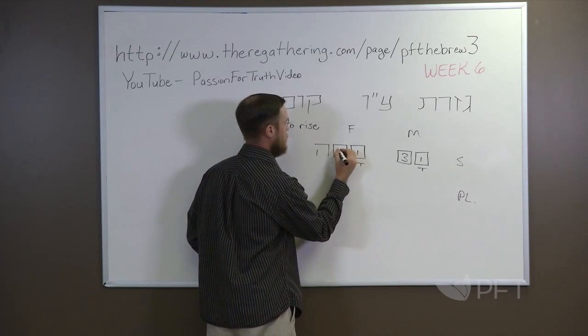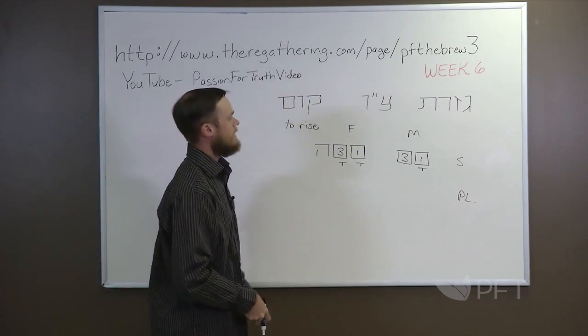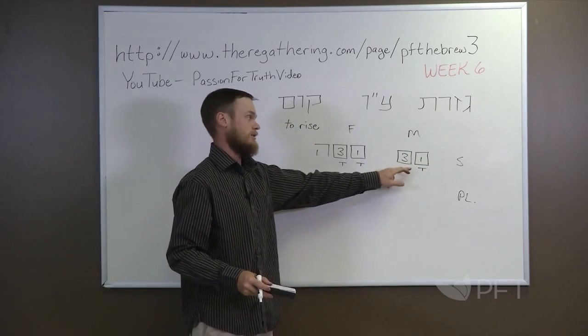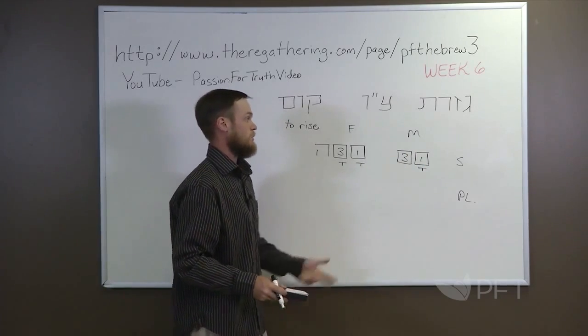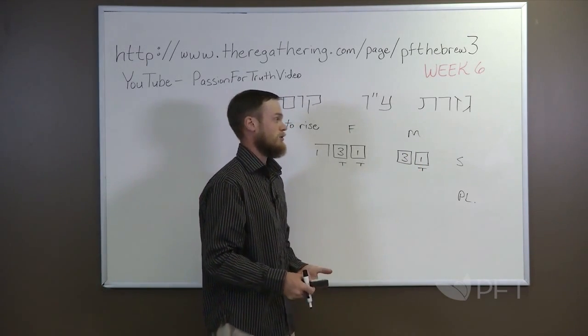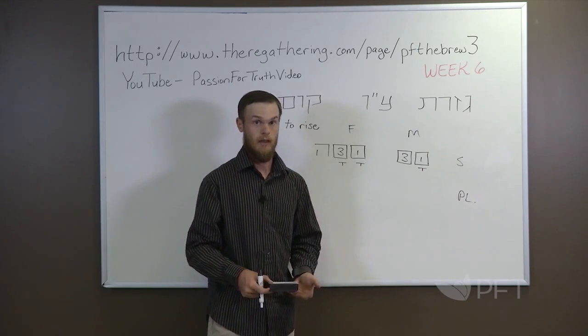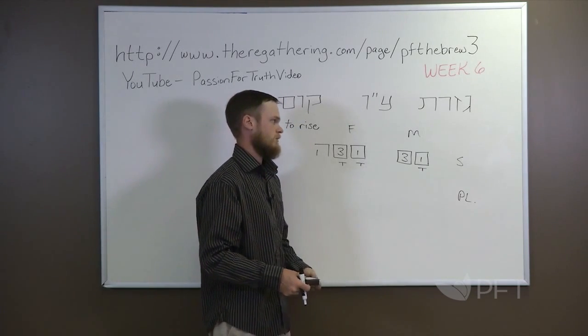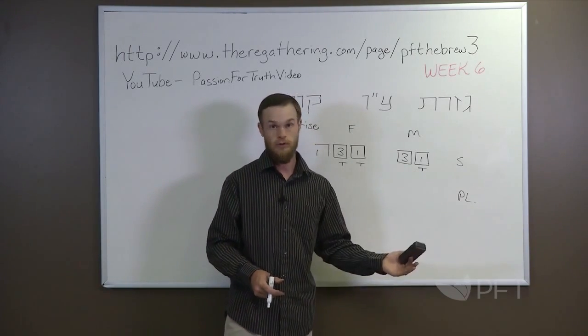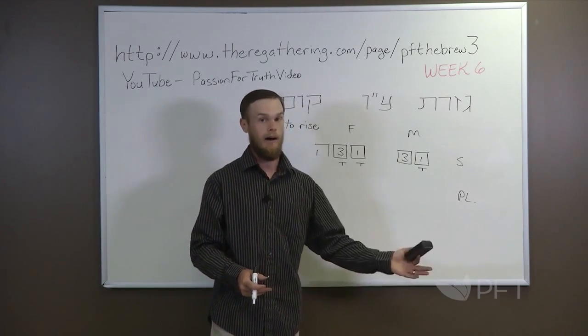And another thing that you will notice is that the masculine singular of the present tense is spelled the same as the third person masculine singular in the past tense. So if I was to say he rose, I would say hu kam.